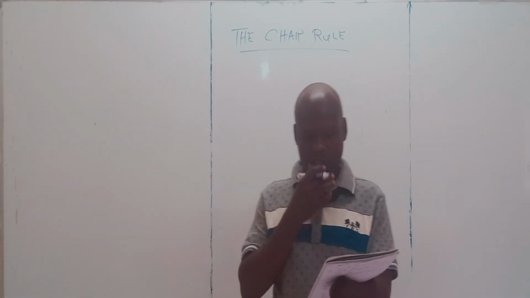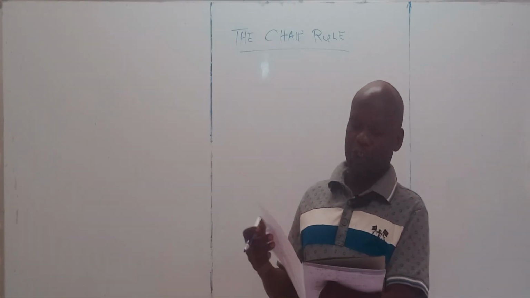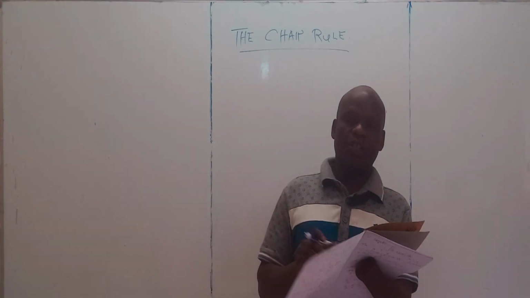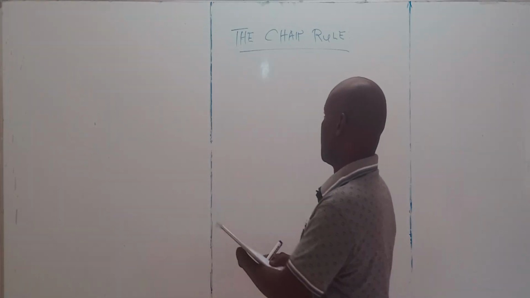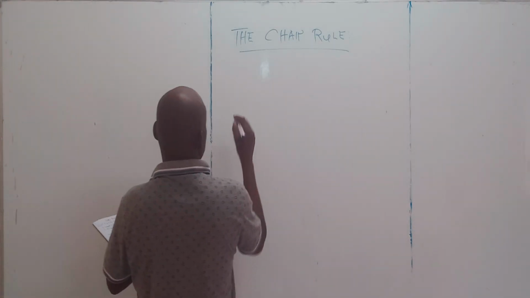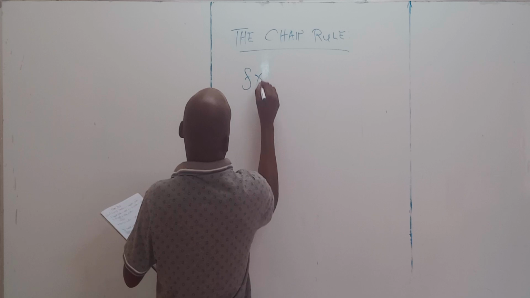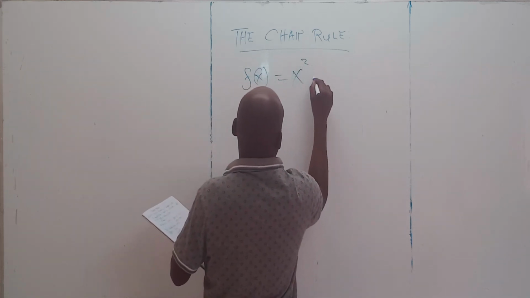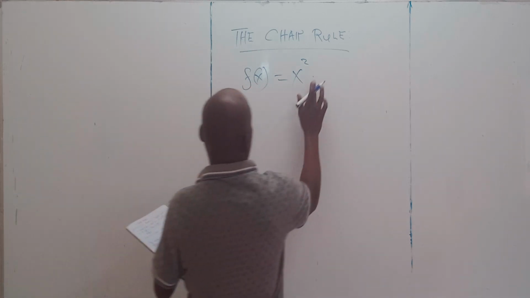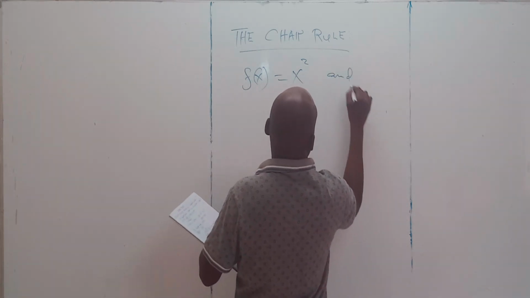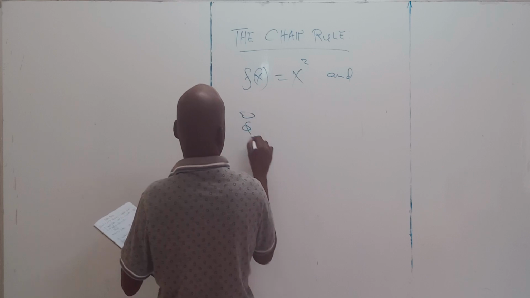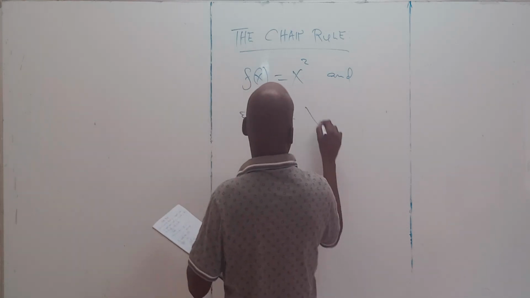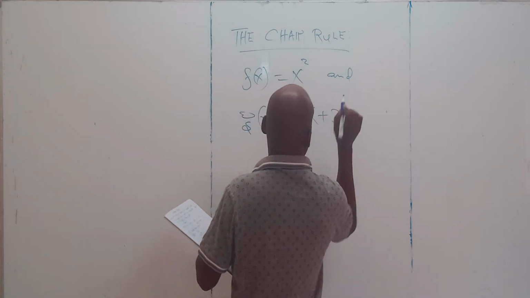calculus, especially when you have to deal with two composite functions, because you may be given two functions. Define two functions like f of x is equal to x squared. That's a function, and another function is defined by g of x is equal to, say, x plus 3.